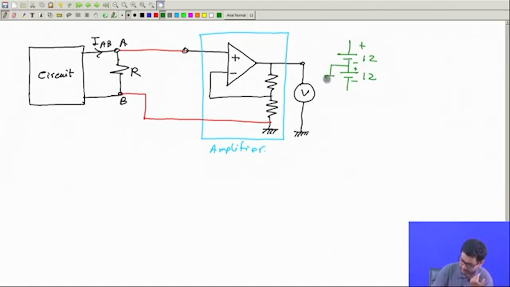Better I shall draw it this way to indicate that this is just a reference point and this is possibly not connected physically to earth. We don't have to connect this physically to earth. And so this power supply goes here. This is V supply, plus V supply and minus V supply.